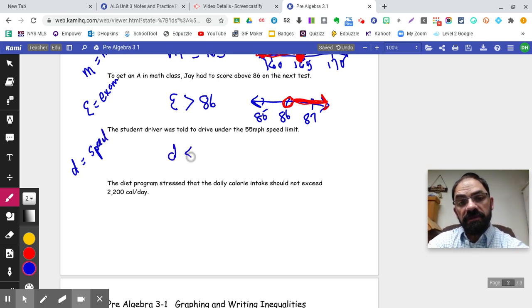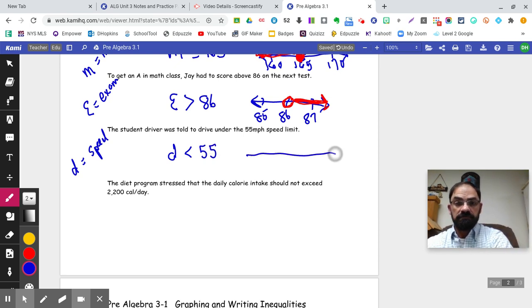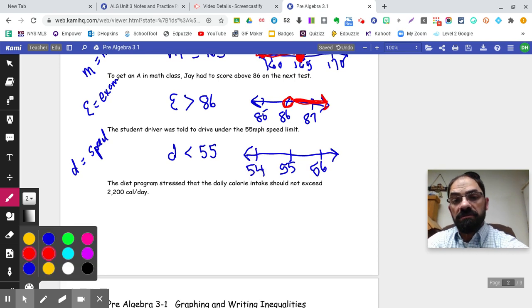Under 55 means less than 55. Open circle, because I shouldn't be driving the speed limit even if I have my learner permit or student driver.